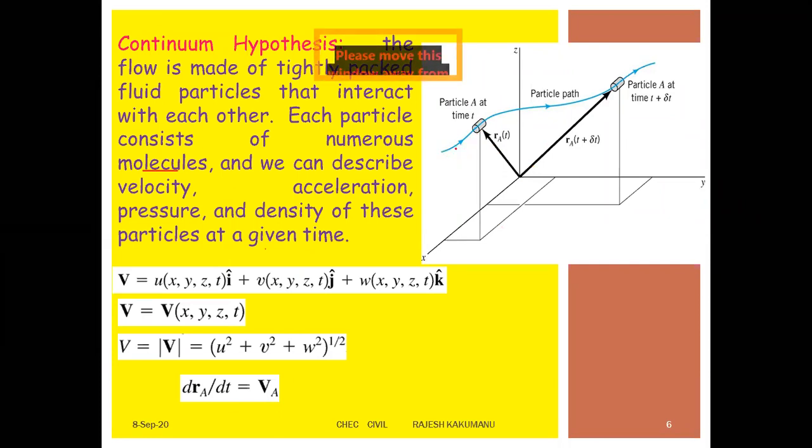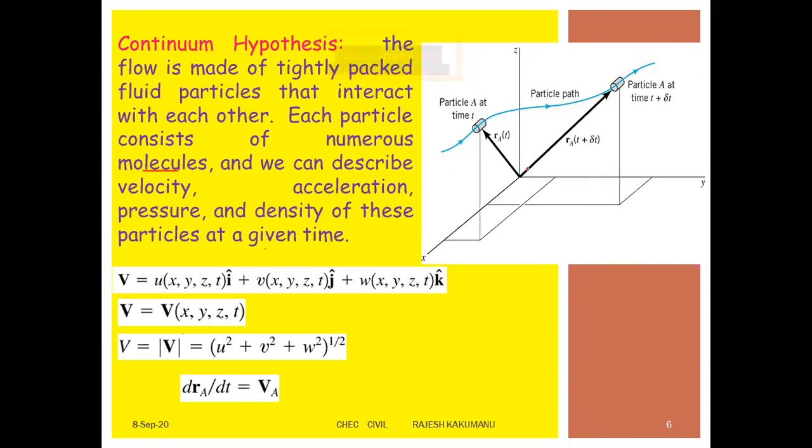See, this blue line is passing through the fluid like this. The particle A at time t is moving along a certain particle path, and then it is at time t plus delta t, a change in time. If we take 1 minute here, then 1 plus 1, 2 minutes, that is t plus delta t.